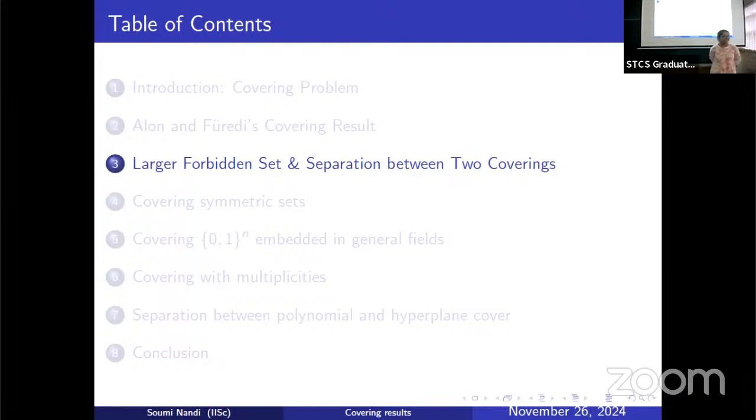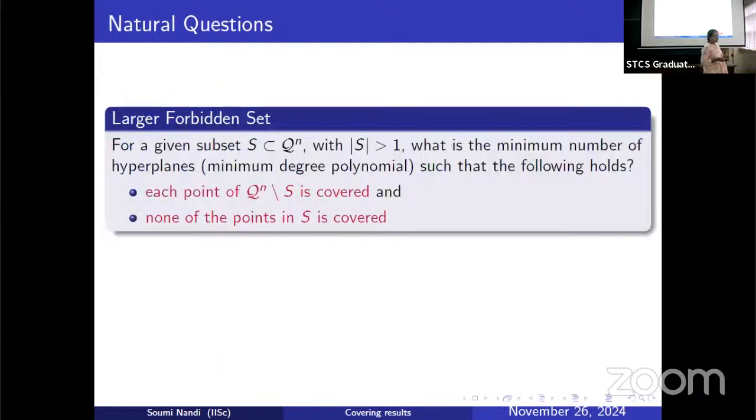Okay. So the next question is, instead of forbidding a single point, if we want to forbid a subset of the hypercube, then what will happen? Formally, suppose we are given a subset S of the hypercube {0,1}^n, and S has more than one point. We are interested in the minimum number of hyperplanes that cover exactly the points outside S, with none of the points in S covered.